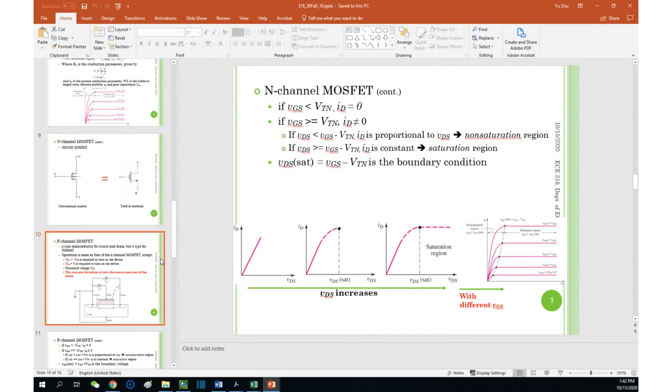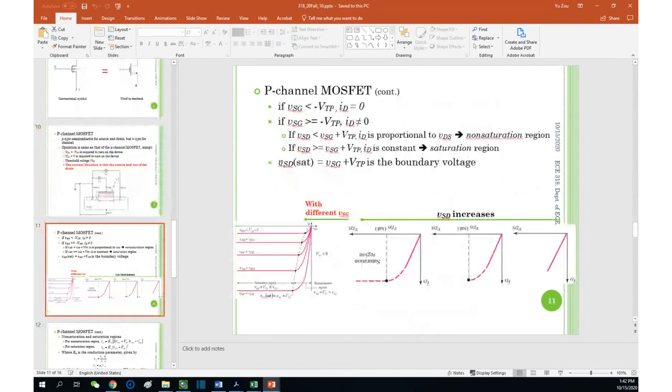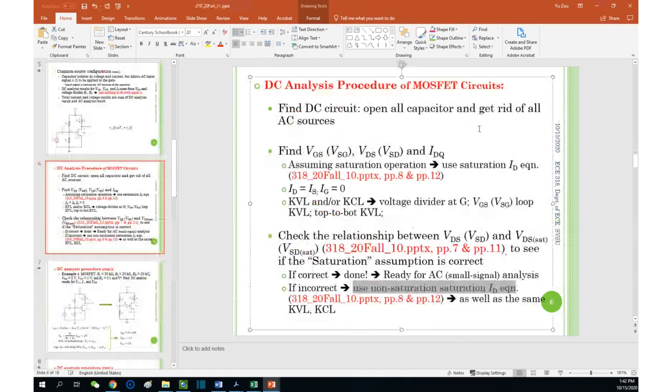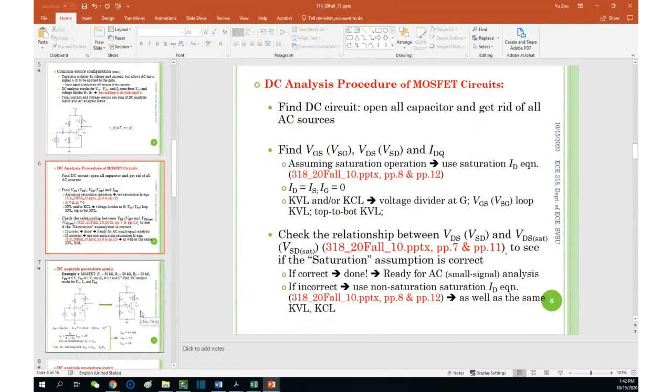And page 11 means this equation for P channel, right? Does everything make sense so far? Any questions?